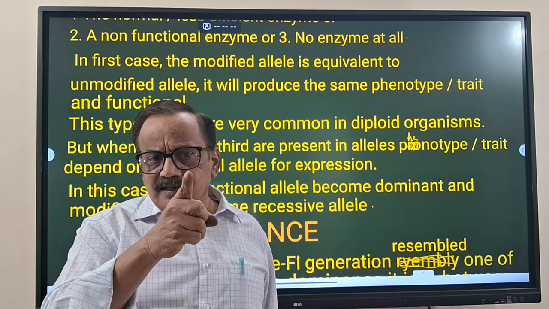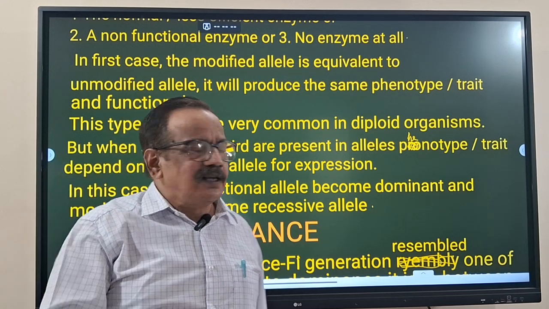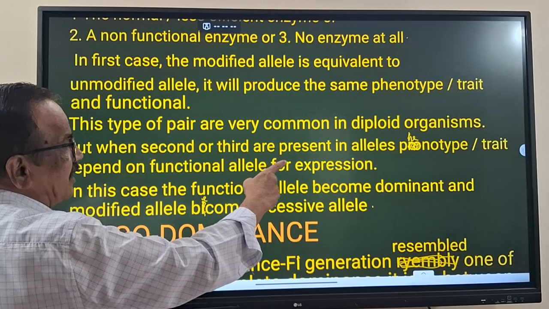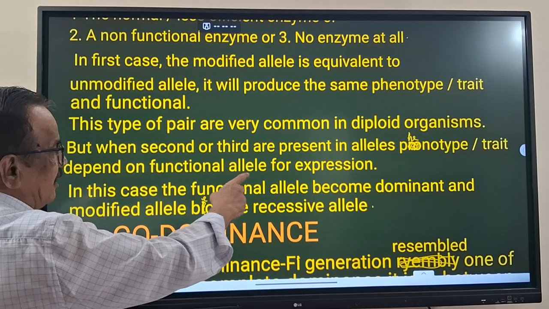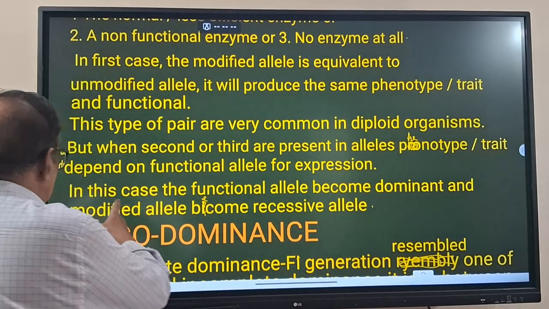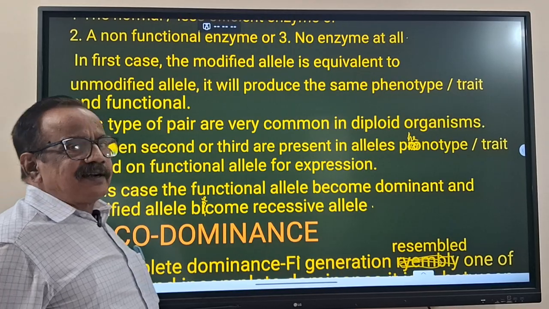Then it will work based on the functional allele. When second and third cases are present in the allele, the phenotype, trait depends upon the functional allele for expression. Understand, no? Now, in this case, the functional allele becomes dominant.